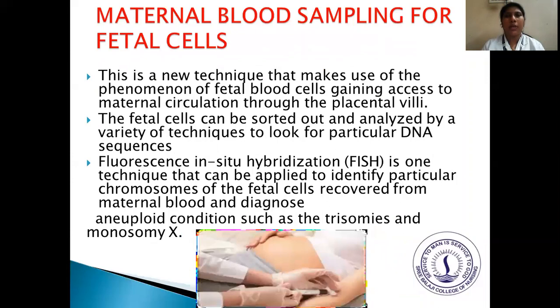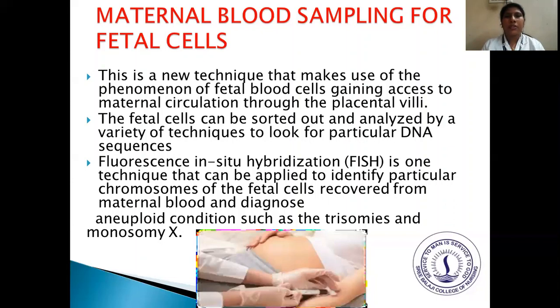Then maternal blood sampling for fetal cells. This is a new technique that makes use of the phenomenon of fetal blood cells gaining access to maternal circulation through the placental villi. The fetal cells can be sorted out and analyzed by a variety of techniques to look for particular DNA sequences.